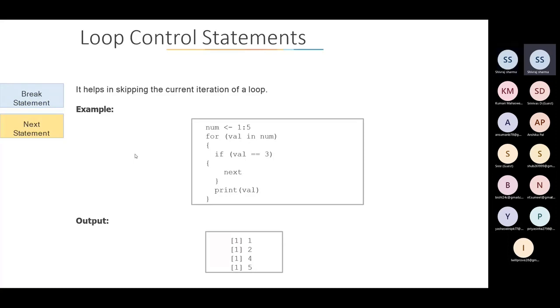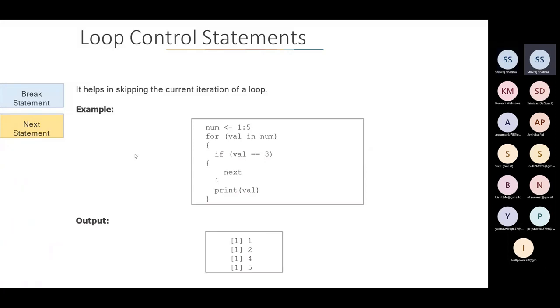Okay. And in the next statement, what it says is that if the value is equal to 3, then move on to the next. It means for the print value, in this statement, it skips your value 3.